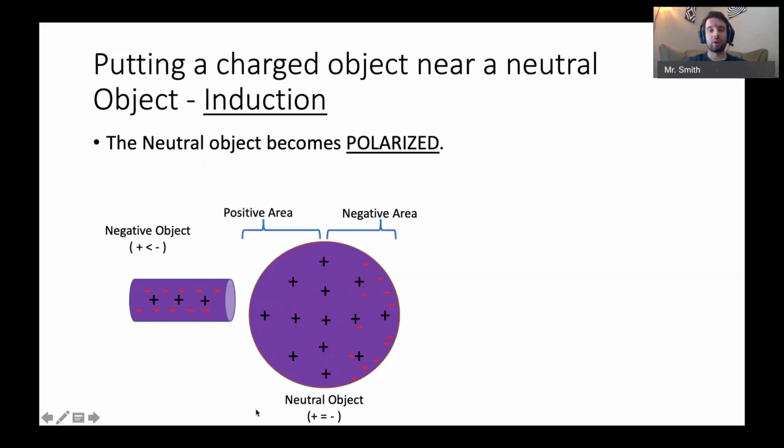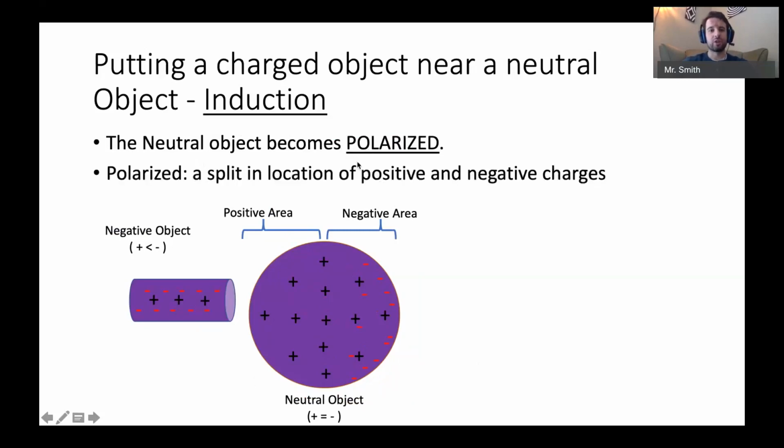Polarized means I have one area that's super positive, in this case the left side of the sphere, and the other area, the right side of the circle, that's really negative, because I have way more negatives than positives. So that's what polarized means, and I'm going to show the definition now. It's a split location of negative and positive charges.